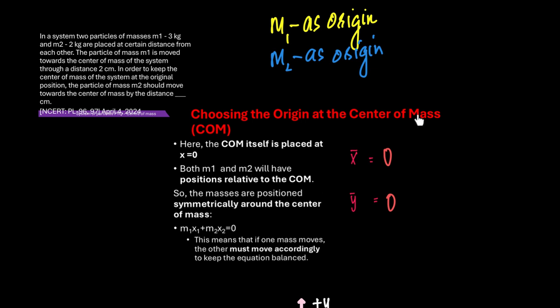And since center of mass is the origin, the coordinates of center of mass, which is x bar comma y bar, would be equal to 0 comma 0, right?